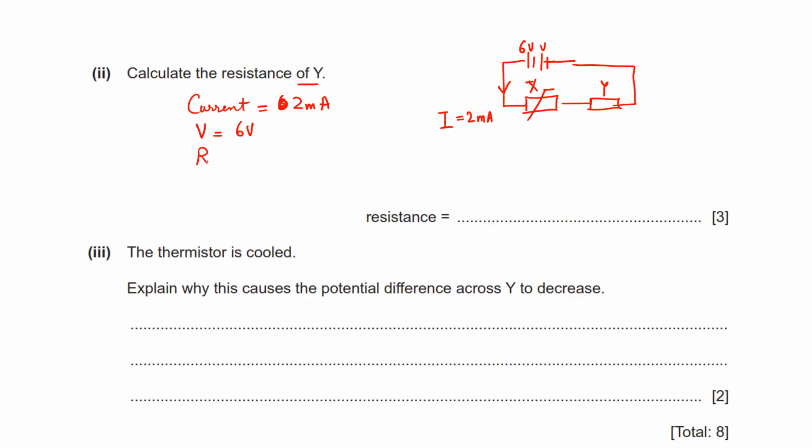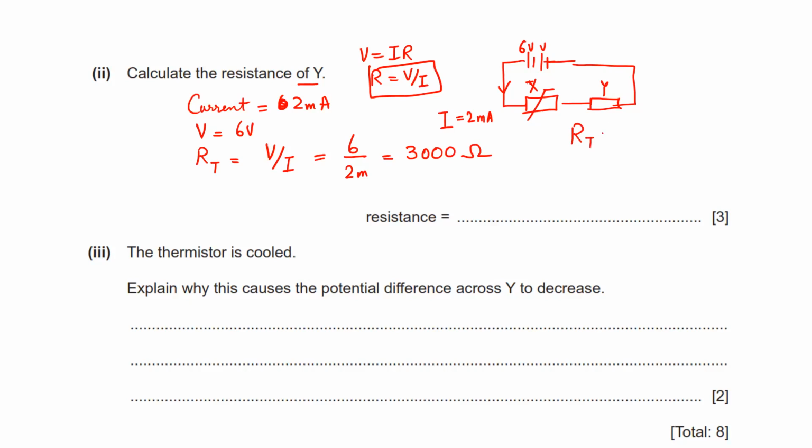So the total resistance will be equal to V by I. I'm doing this with the help of Ohm's law: V equals IR, so R is equal to V by I. The total resistance will be 6 divided by 2 milli, which is equal to 3000 ohms. That is the total series resistance of the circuit.